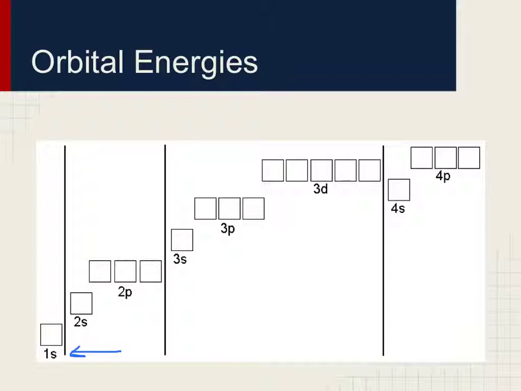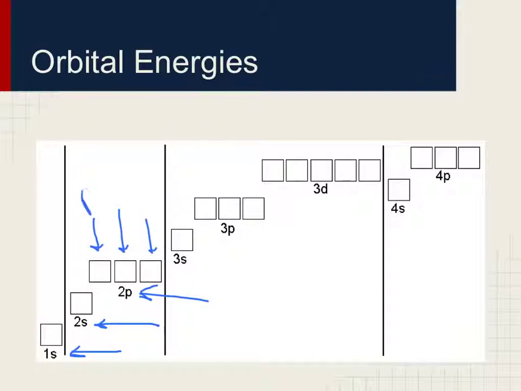So electrons in the 1s orbital have the least amount of energy compared to all of the rest of the electrons in a particular atom. A 2s orbital has higher energy than the 1s, but less energy than the 2p. Remember, there are 3 different configurations for p orbitals, so we have 3 different orbitals.